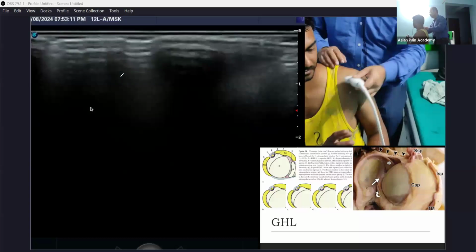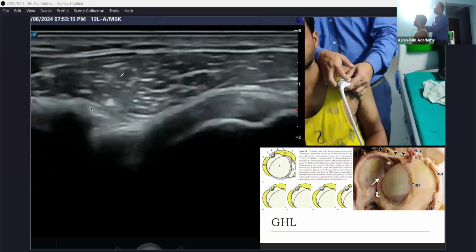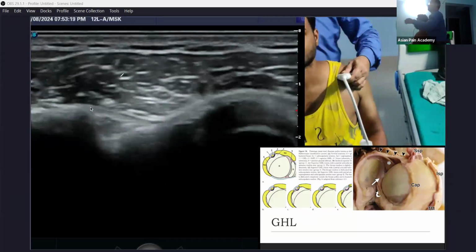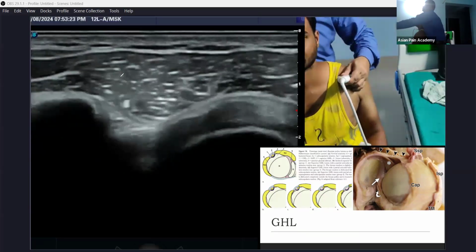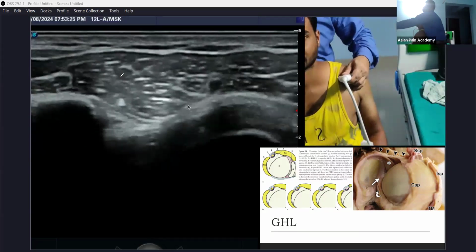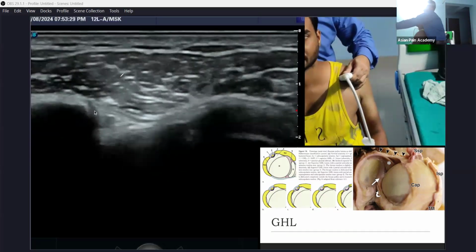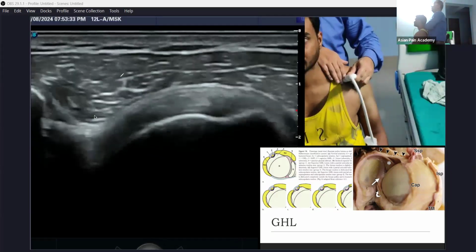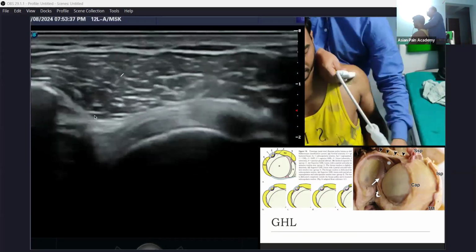And this coracohumeral ligament we can see from the coracoid process also. This is the starting of the coracohumeral ligament. From here, the coracoid process, it is gradually going towards the humeral side.